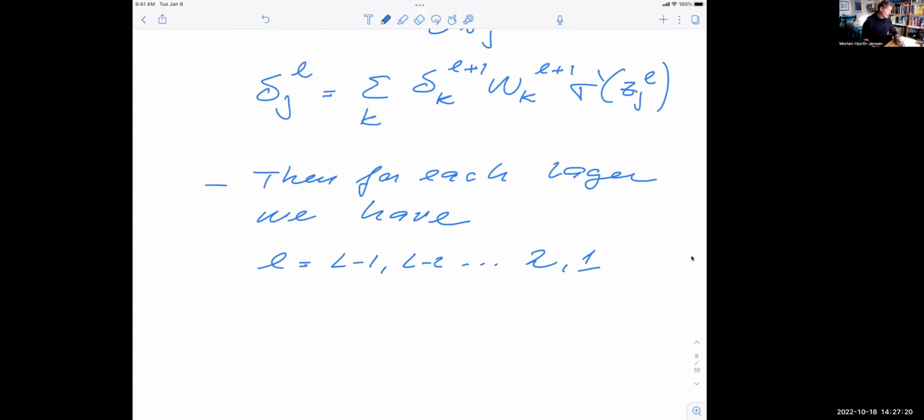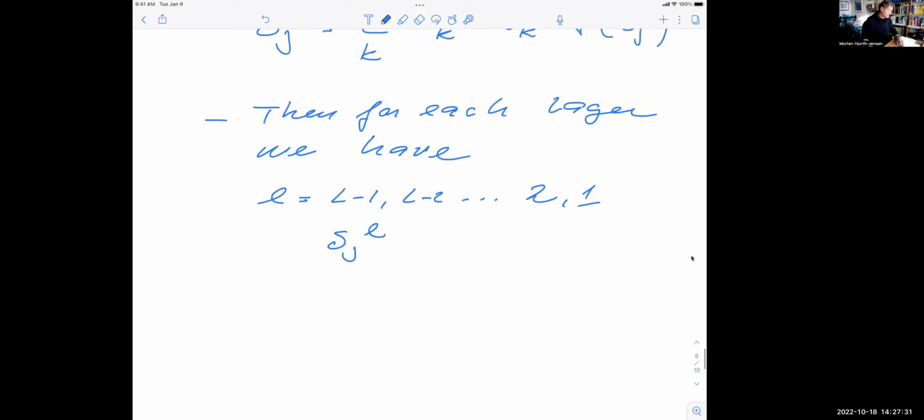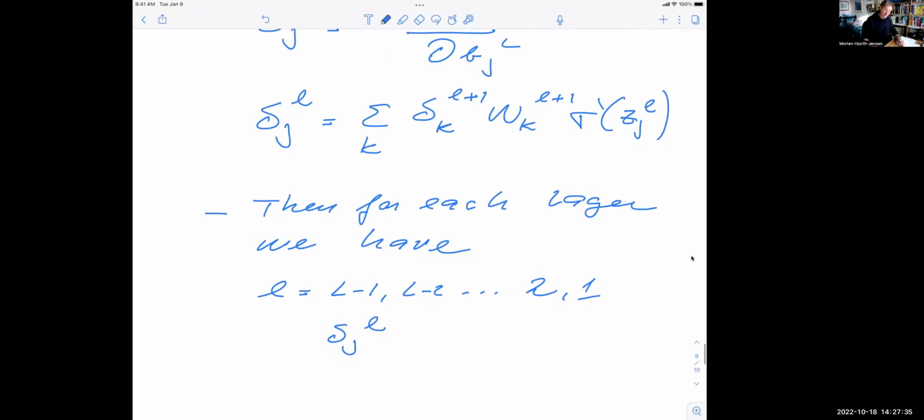And in that specific case, we would now set up the calculation of this quantity delta J of L. And when we have delta J of L, then we can update, because delta J of L is going to give us the derivatives.